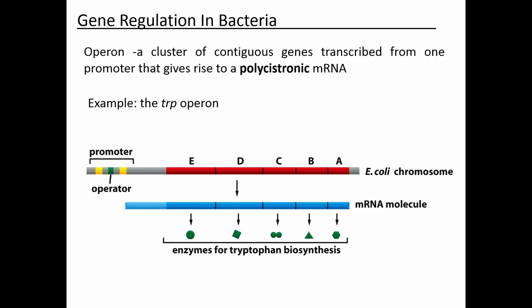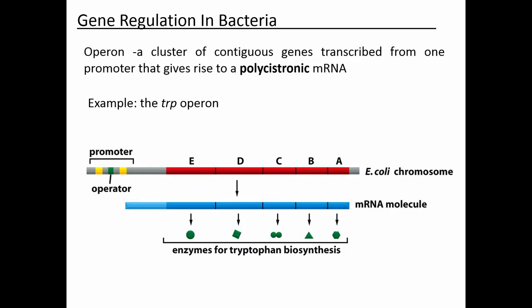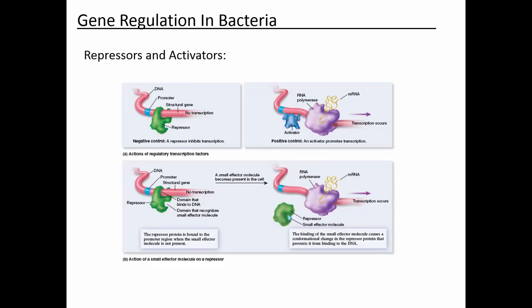Also, when we discuss the regulation of operons, and this will also be important for regulation of genes in general, there are two types of proteins that can be involved, and their names pretty much tell you what they do. One type is called a repressor, and the other is called an activator.